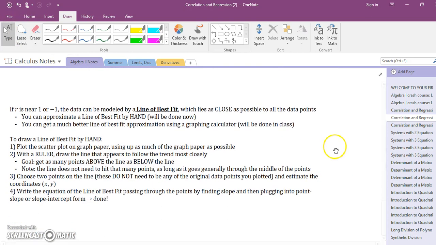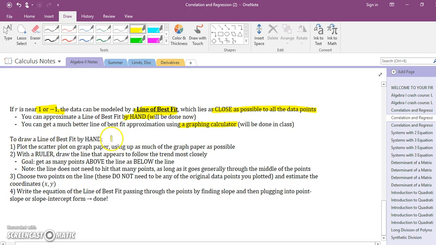Now, you should really do a line of best fit only if you're relatively close to -1 or 1. You should not do a line of best fit if your R is like 0.2, because it's not going to describe the trend well at all. It's unpredictable. So here's your line of best fit. And your line of best fit should lie as close as possible to all the data points. You can approximate it by hand, or you can use a graphing calculator, which is obviously a much better approximation.